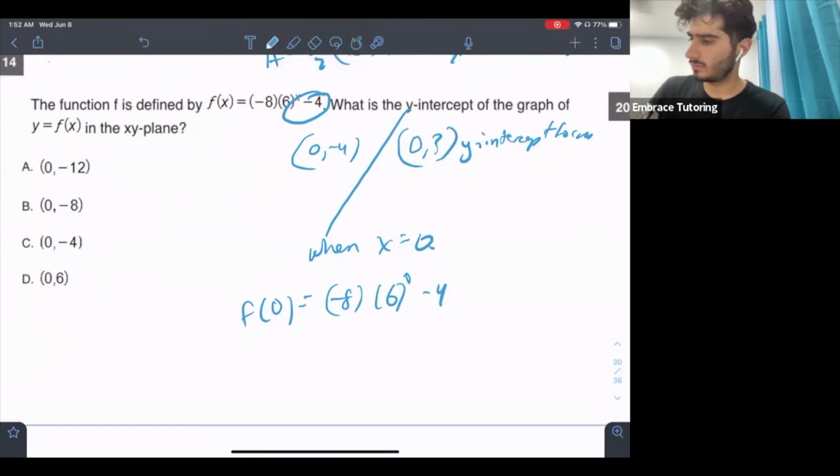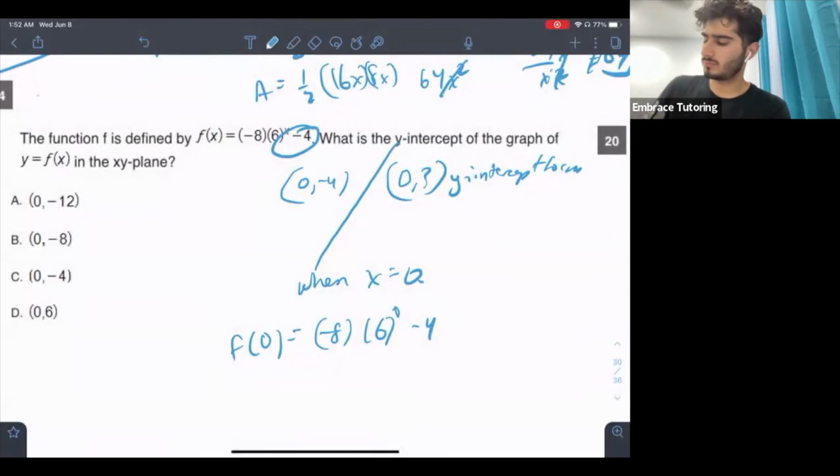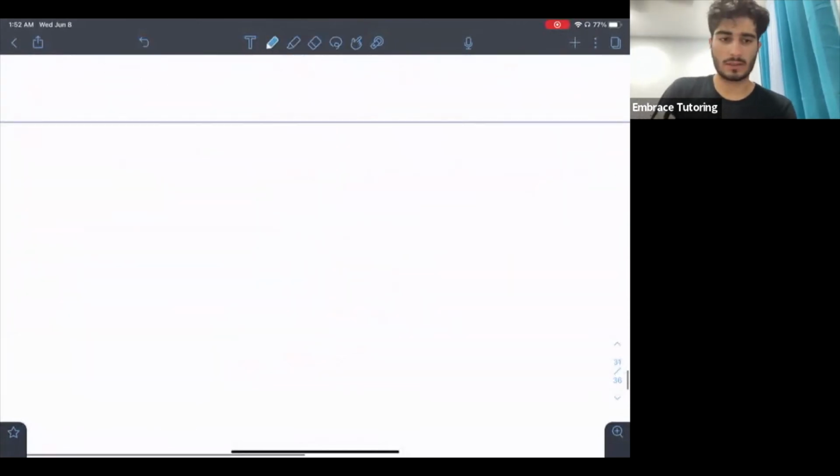What is this? One second, sorry about that.